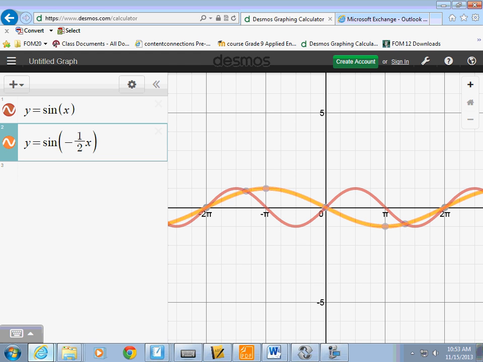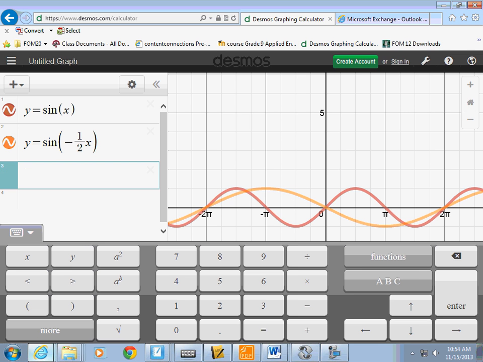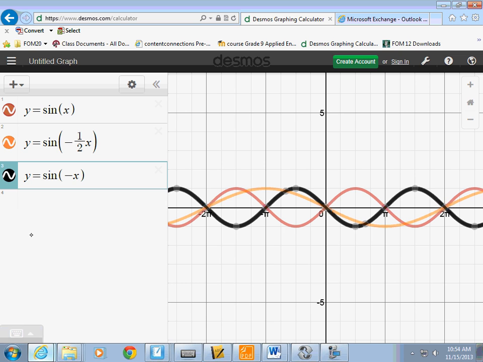On a negative, I went 0 and then I went down instead. Because it's a negative. We put that negative in there. Y is equal to sine, and if I do a negative x, okay? So my black graph here is my negative sine x graph. So it's the exact opposite. Zeros stayed the same. Zeros will always stay the same, but I went from positive x value, I'm up at the positive first. A negative x value, I'm down at the negative first.